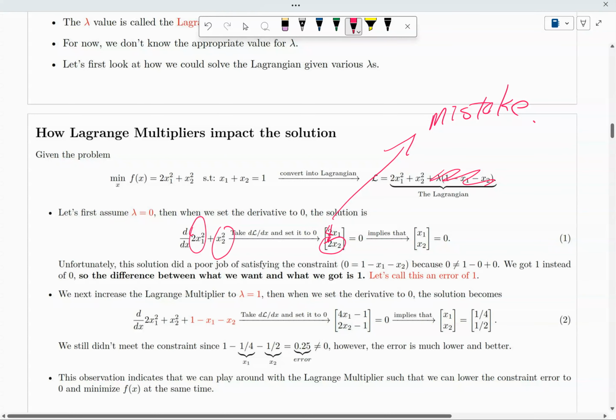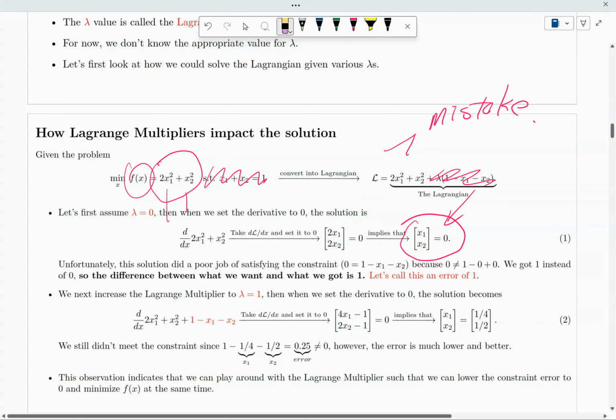And regardless, if we set this to zero, the optimal x1, x2 is equal to zero. So notice we take the derivative, set it to zero, and therefore it's saying that if we ignore the constraint, then the optimal is simply 0, 0. And the lowest you can get is 0.